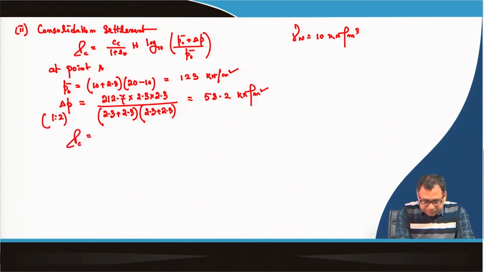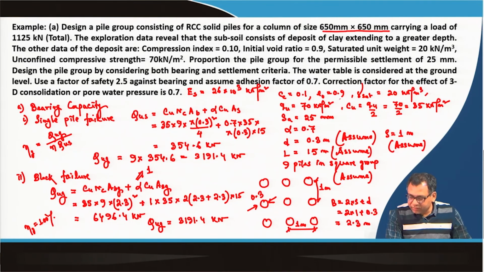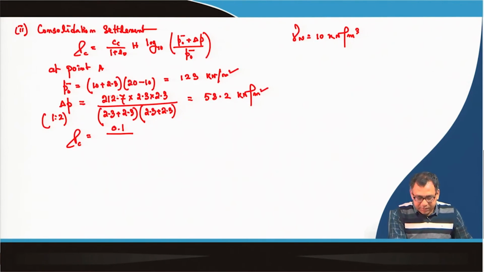So, the uncorrected consolidation settlement: Cc is 0.1, e0 is 0.9, and gamma sat is 20, that is why we have taken 20 here. So, 1 plus e0 is 0.9, thickness H is 2B, and 2B is 4.6.